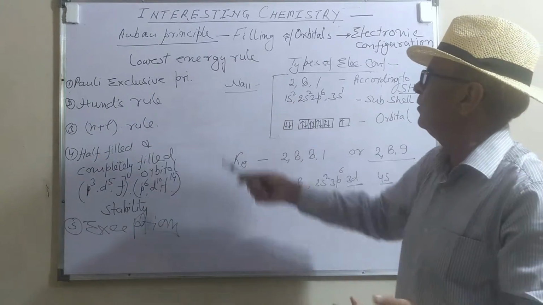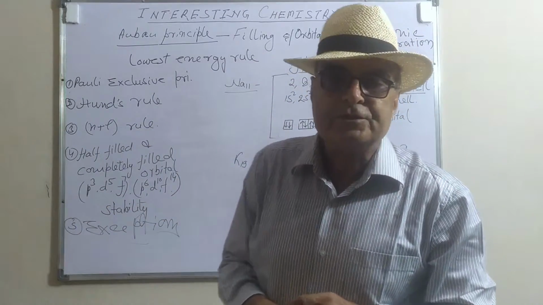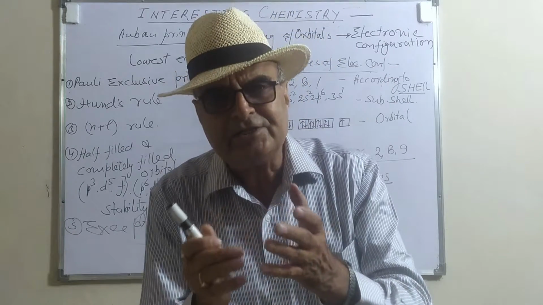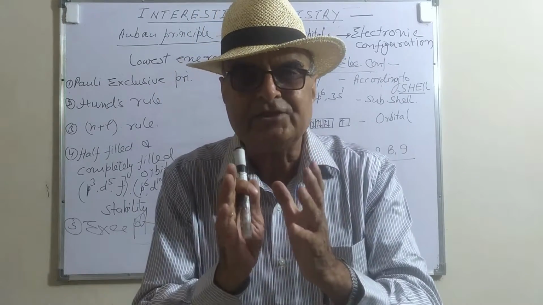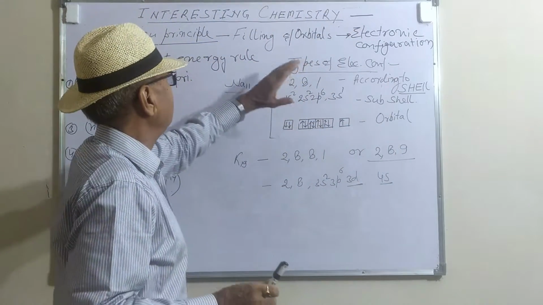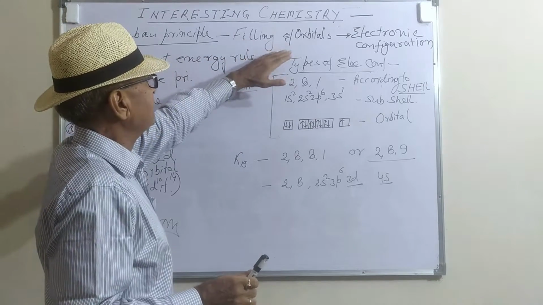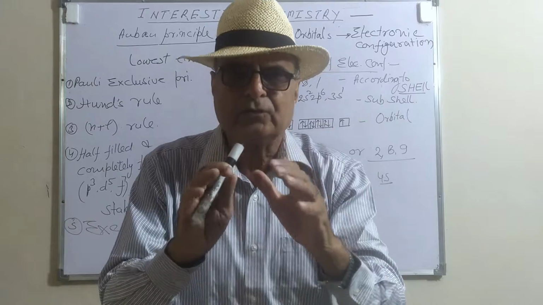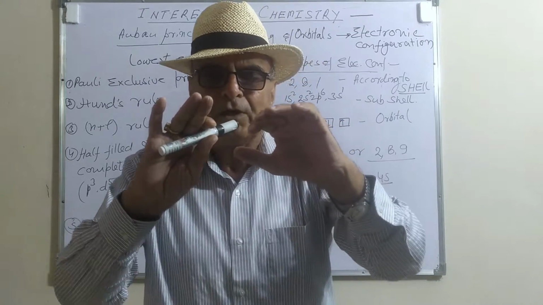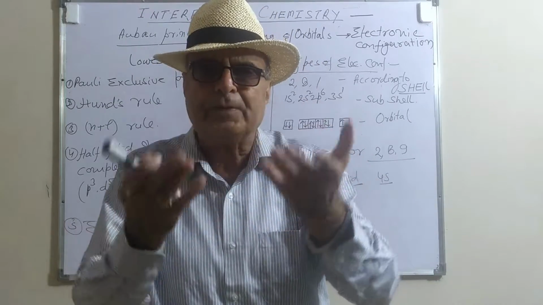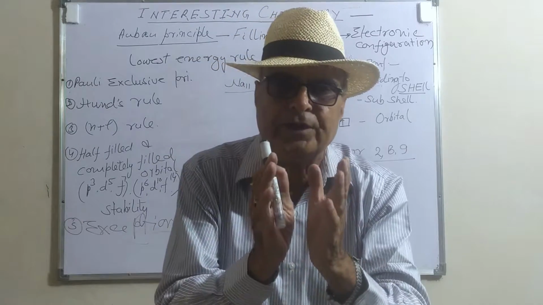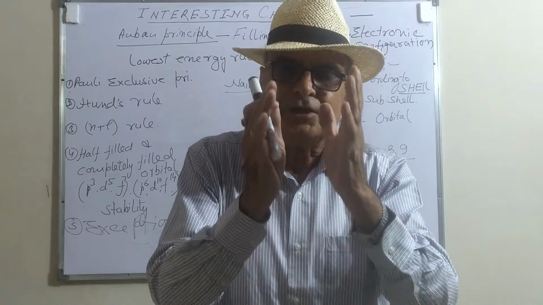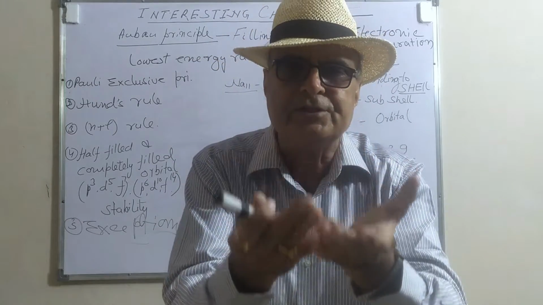So it is Aufbau. The Aufbau Principle tells us the energy rule. In the filling of orbitals, the electrons occupy their place in the orbital according to the increasing energy level.